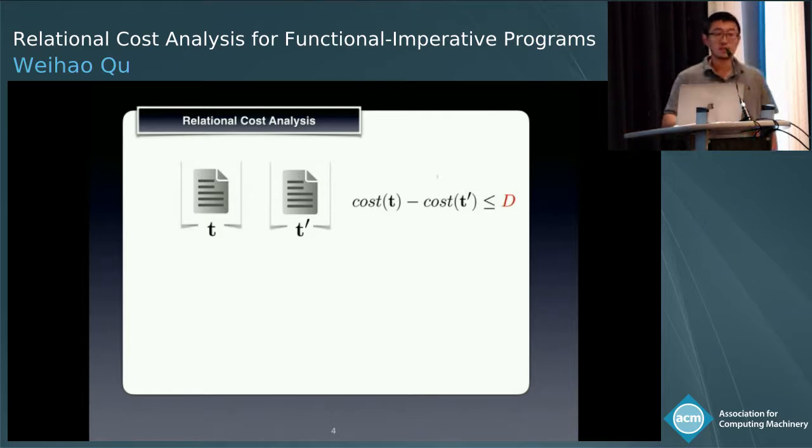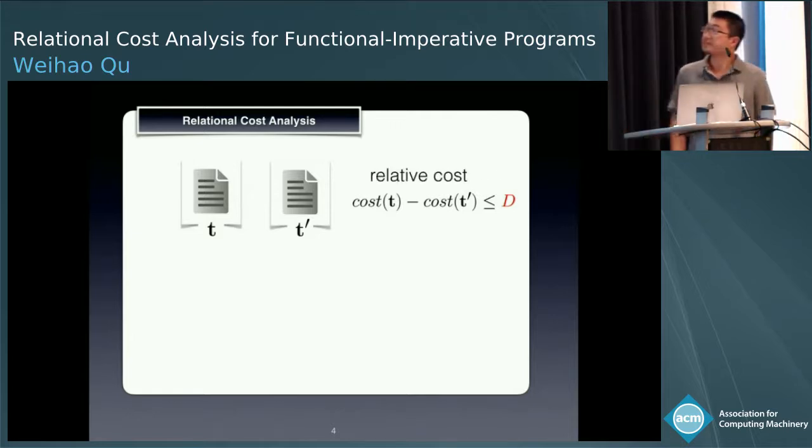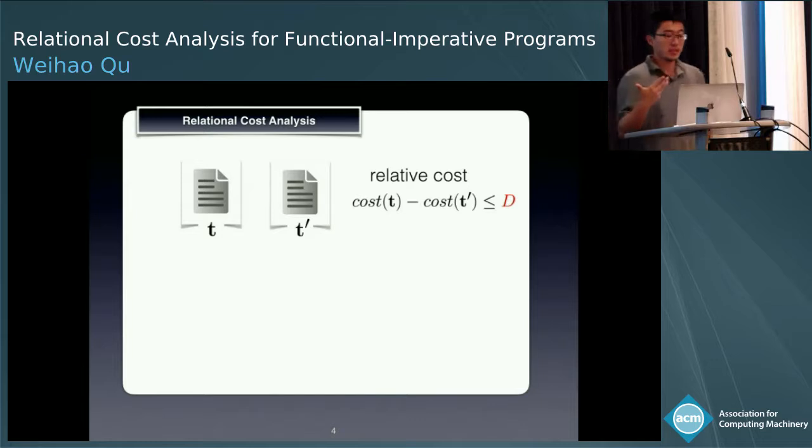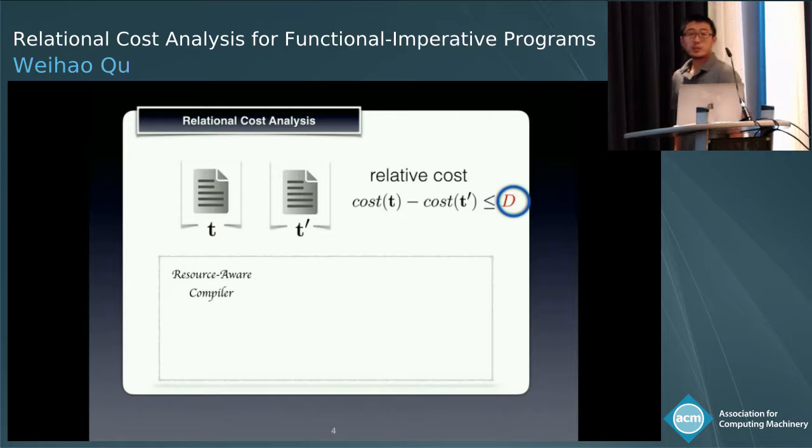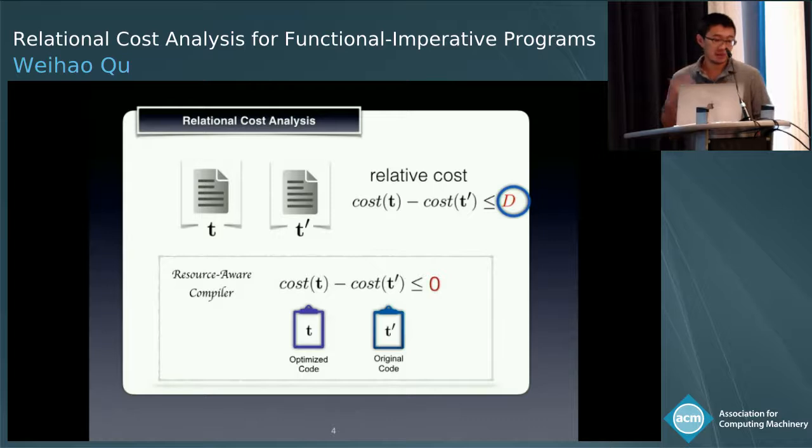And this difference is called relative cost. Having such an upper bound on this relative cost can be very useful. For example, when it comes to resource-aware compiler verification, a zero upper bound can be used to prove that the optimized code will always run at least as fast as the original code.